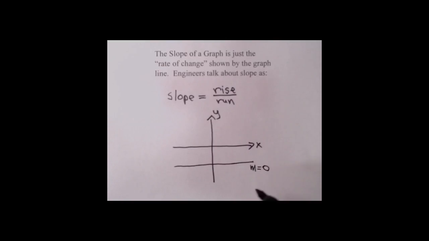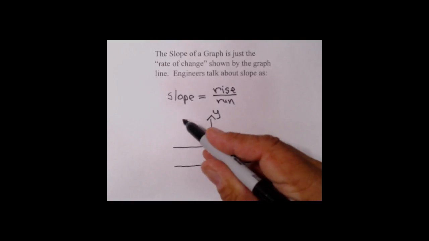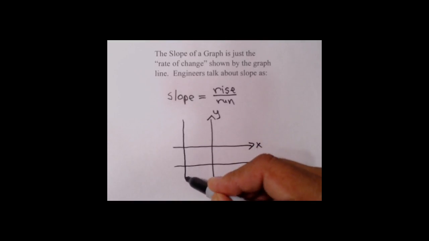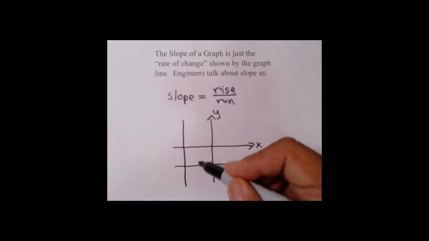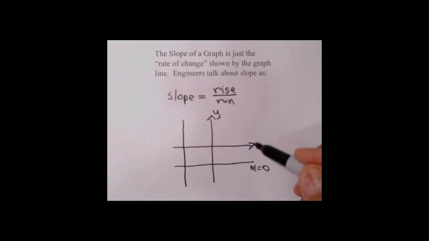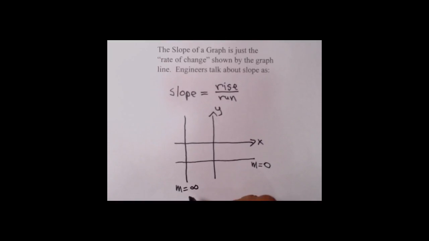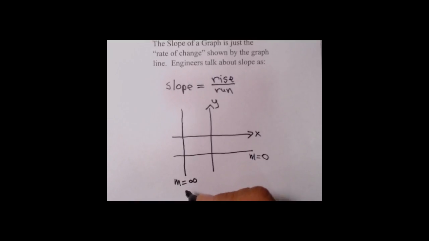Likewise, a line going straight up and down, anywhere on the graph, has a slope that is defined as infinity, and usually we say it is undefined, which means we can't write an answer down for it.